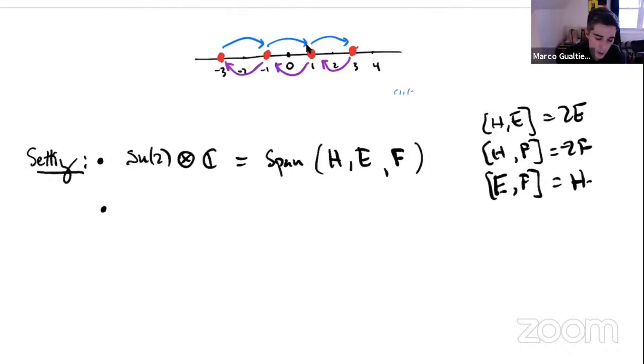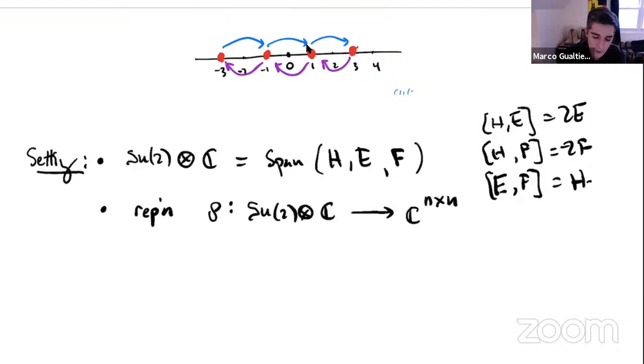Number two, a representation means that we need a Lie algebra map. We're going to take a map to n by n matrices.